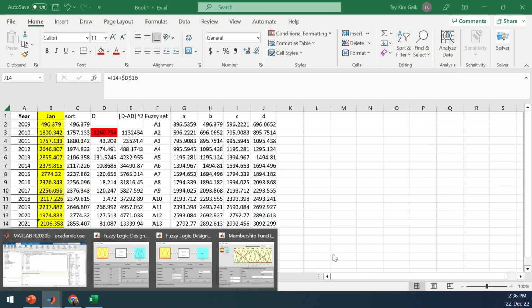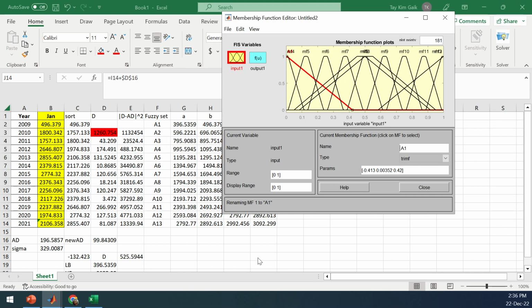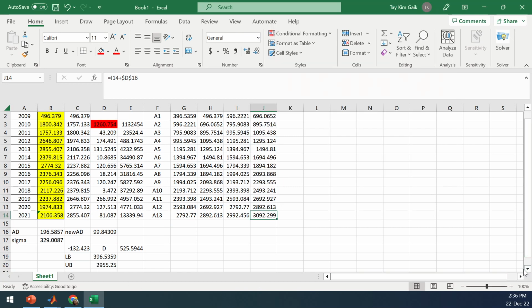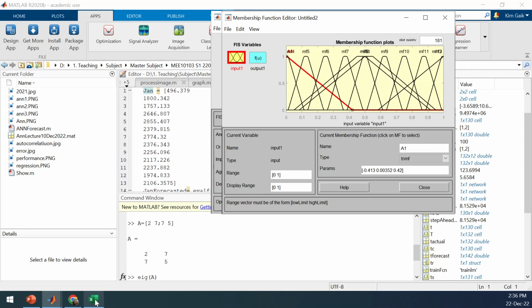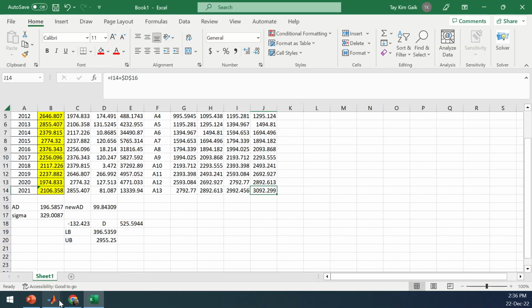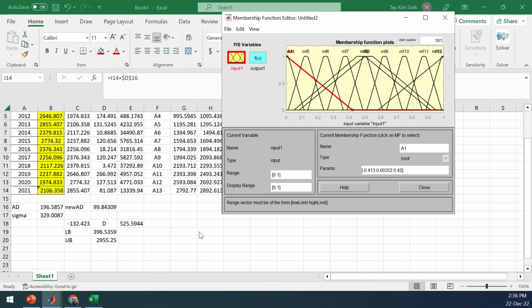the display range, we key in the lower bound 396.5359. I may key in, let's say, 396.